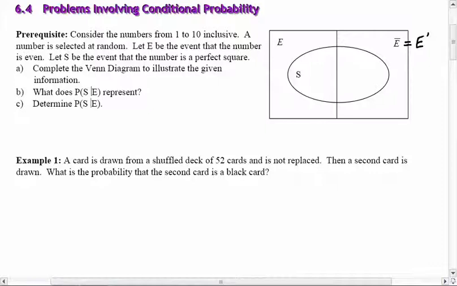So on the left side, we'll have all the even numbers, 2, 4, 6, 8, and 10. But in the middle, we'll put the one that's a perfect square. So all the perfect squares will go in the S bubble. On the right side, we'll put all the odd numbers, 1, 3, 5, 7, 9. But the perfect squares we'll put into the middle. So 1 is a perfect square, 9 is a perfect square.